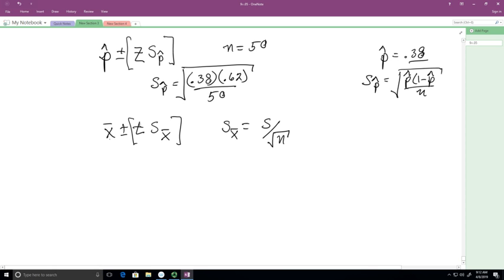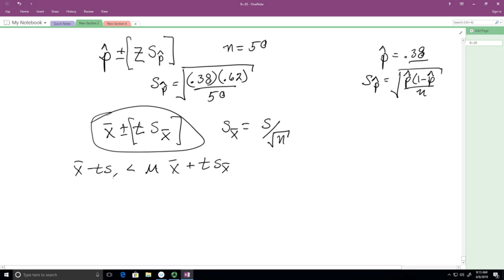If I use my confidence interval for a hypothesis test, just want mu in the middle there. Say it's a 95% confidence interval, this is equal to 2, and I go that many standard deviations out in either direction.